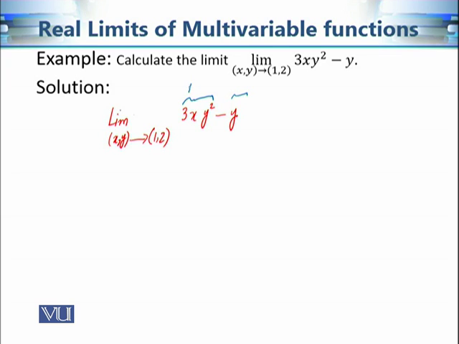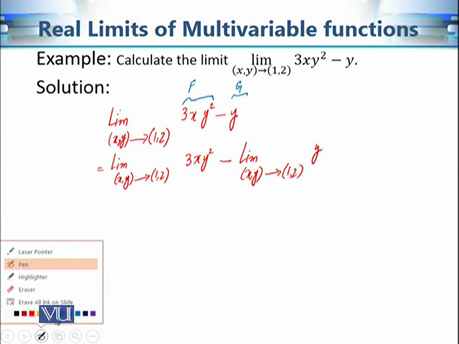If we say that this is the function f and this is the function g, then using this previous fact, this must be equal to the limit as (x,y) approaches (1,2) of 3xy squared minus the limit as (x,y) approaches (1,2) of this function y.